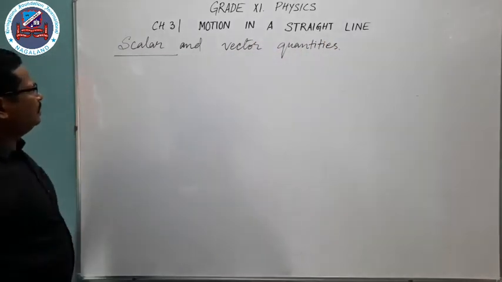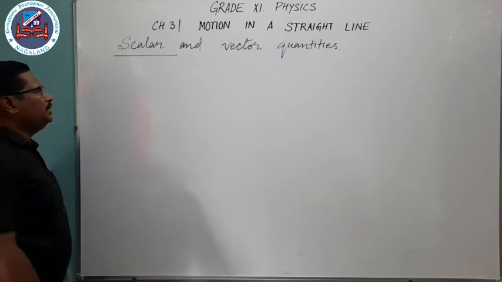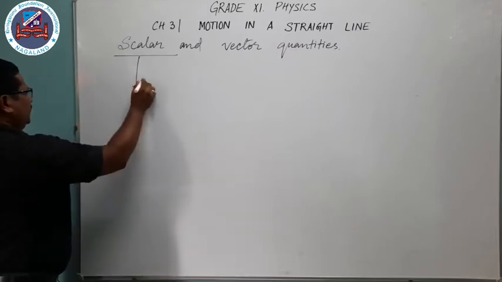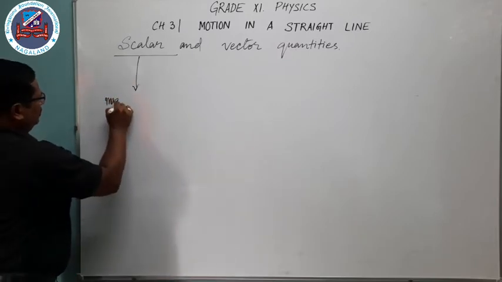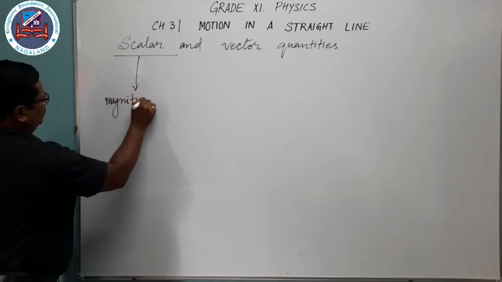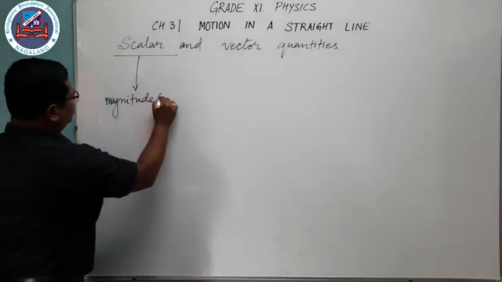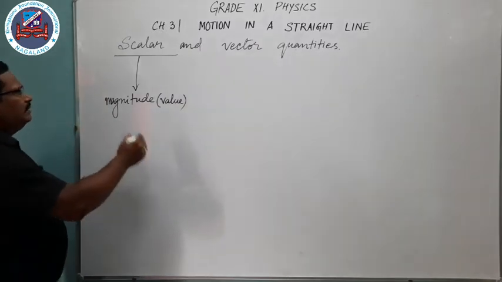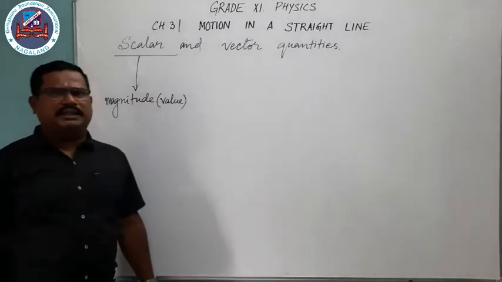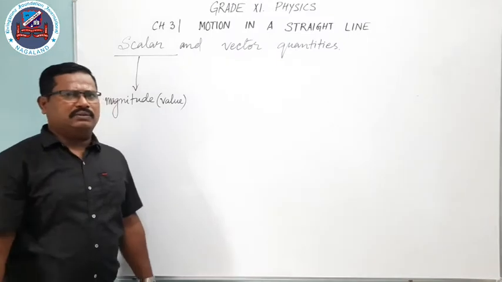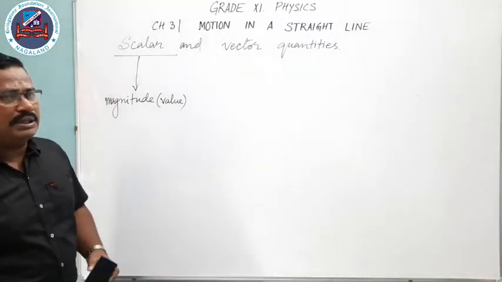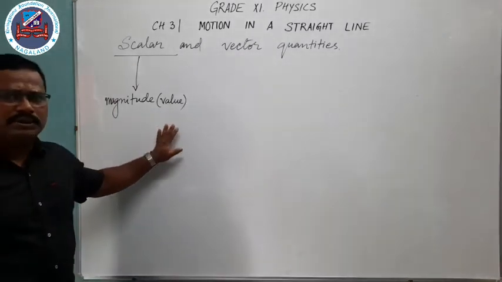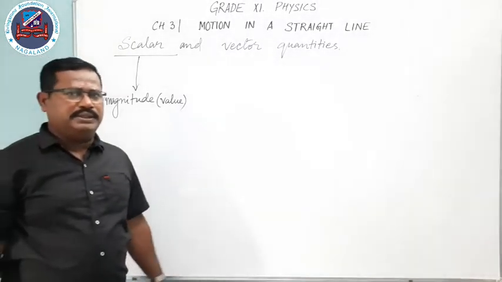Scalar quantities are those quantities which have only magnitude. Magnitude means its value. It does not have any direction. Those types of physical quantities, and what is a physical quantity we have discussed in the earlier videos, that any measurable quantity we call as physical quantity.